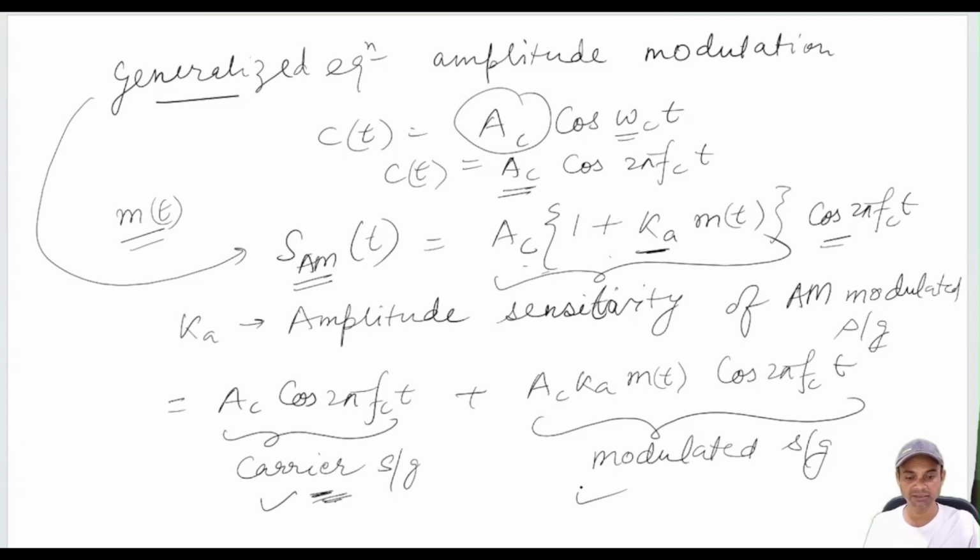Another disadvantage is the bandwidth we use for AM modulation. Suppose we have a message signal like this, and it lies between minus fm and fm, written in terms of f.